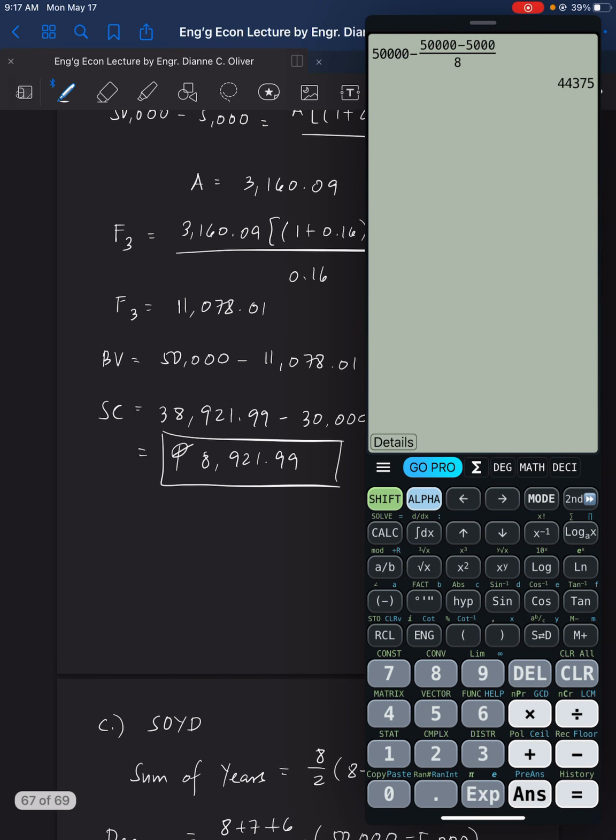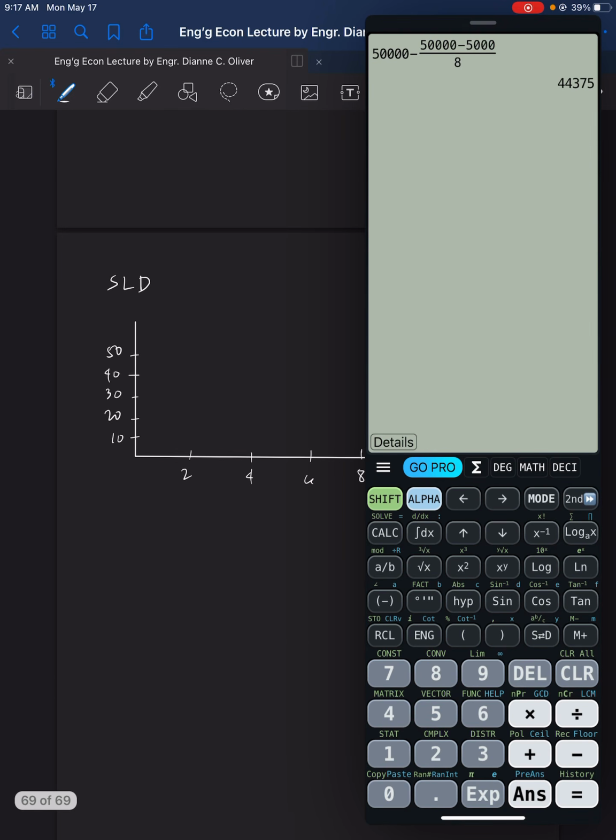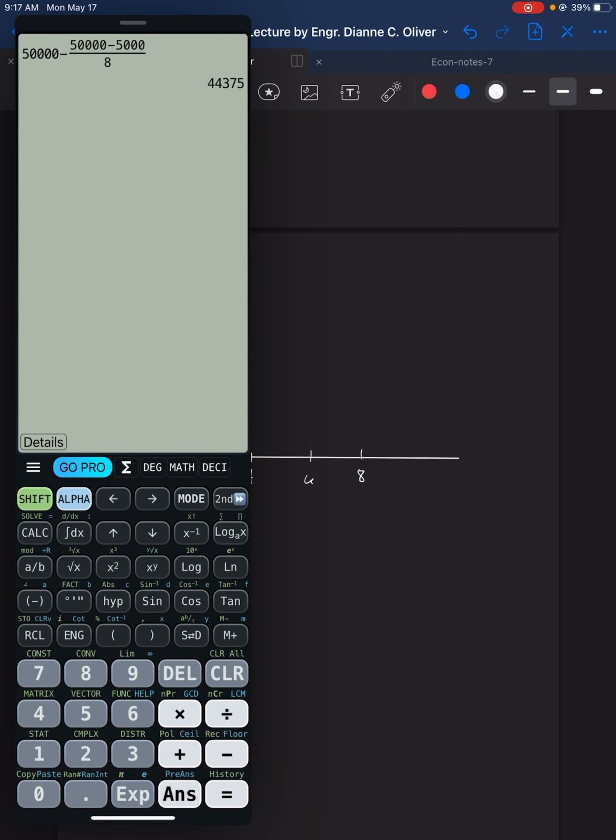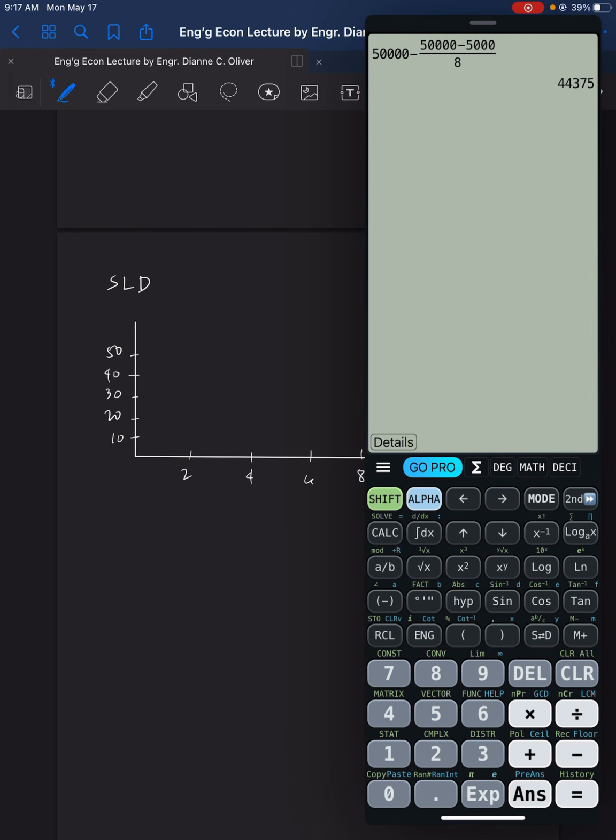Of course, at year 0 we have 50,000. So here 50k, 40k, 30k, 20k, 10k, right?